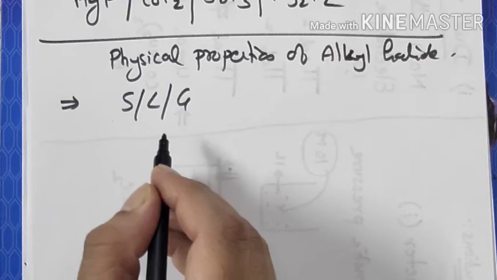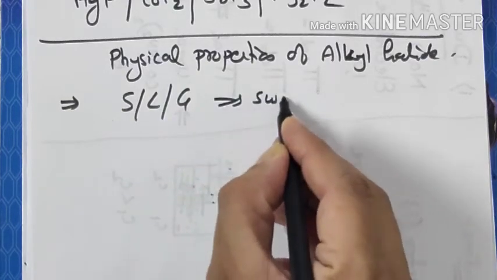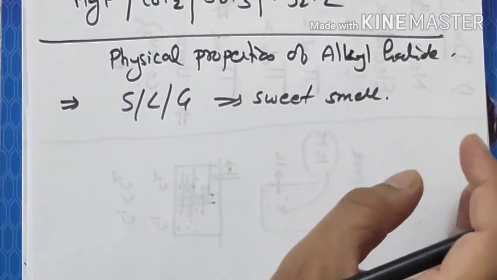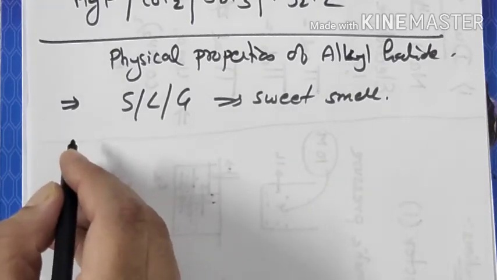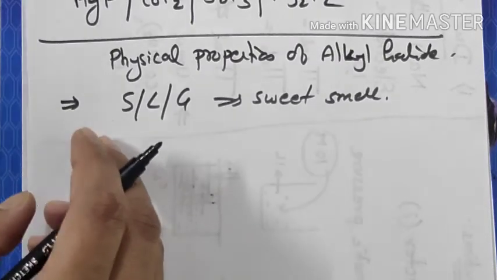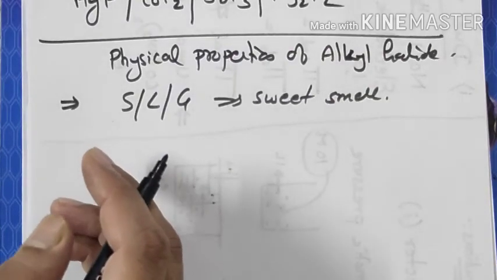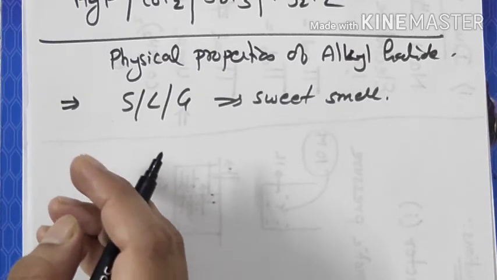Okay, normally volatile halogen compounds have a sweet smell. They have a sweet smell, right? Now student, let's talk about the important point of this, where we actually study boiling point, melting point, points like that.